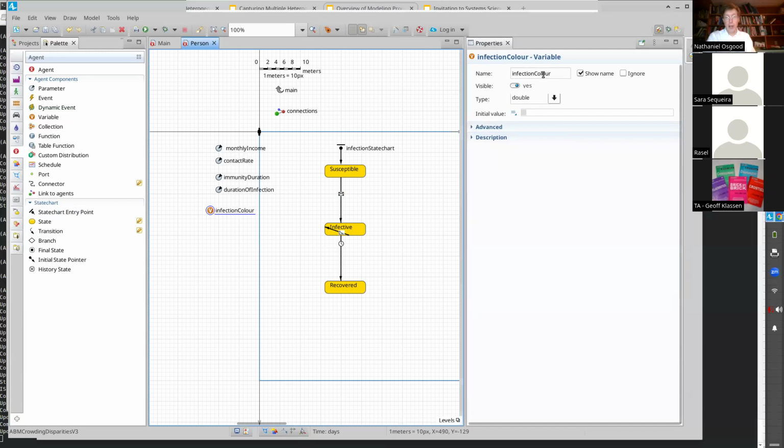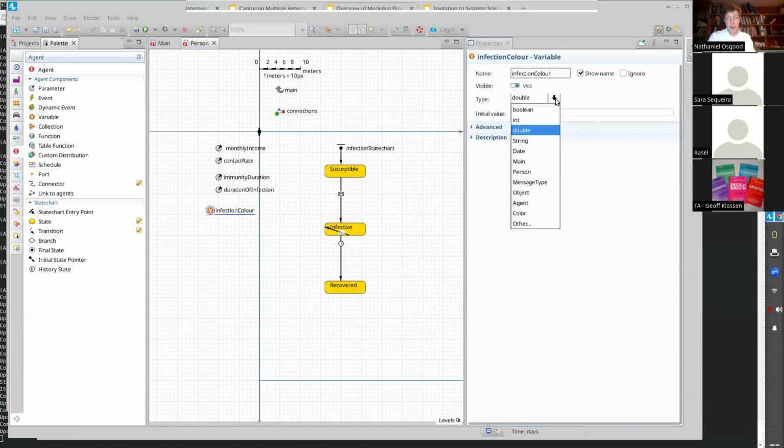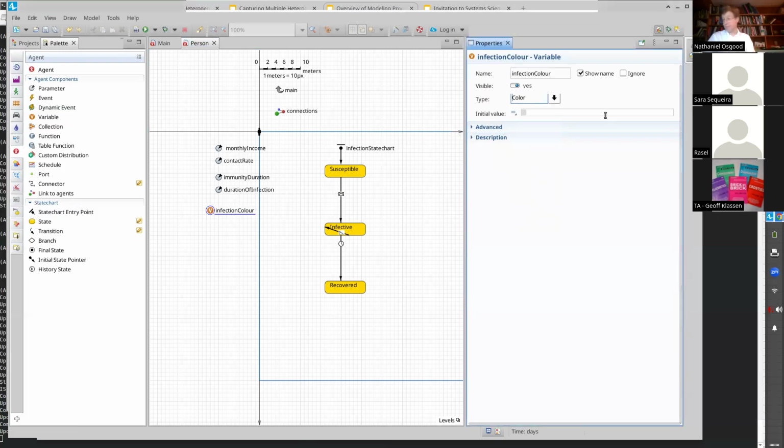No pun intended. Okay, so infection color is of type color, without a U, because it's set by an American company, Oracle. And the initial value here will be black.